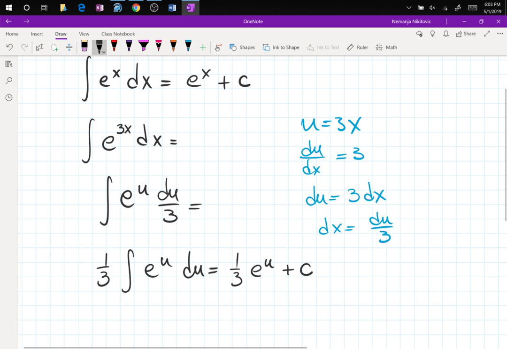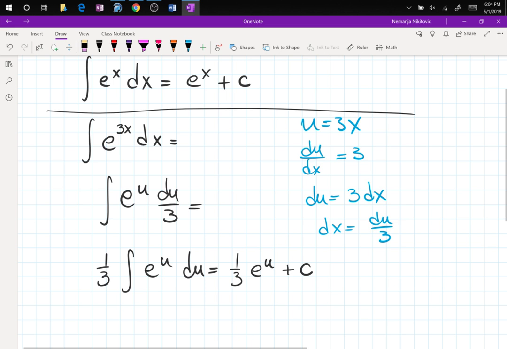Are we done? No. We are not done because the problem was posed in x's, and your answer now has u's. That's not good, so we have to go back to the x variable.